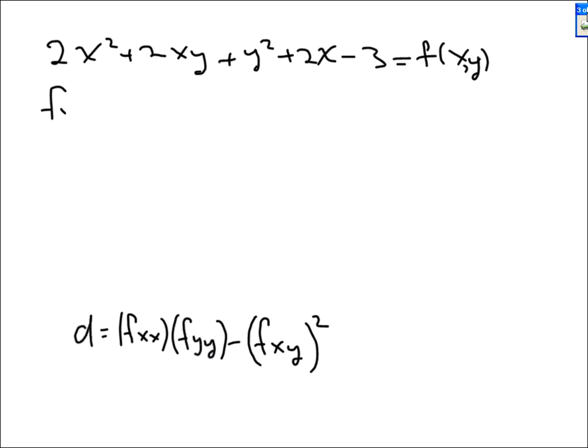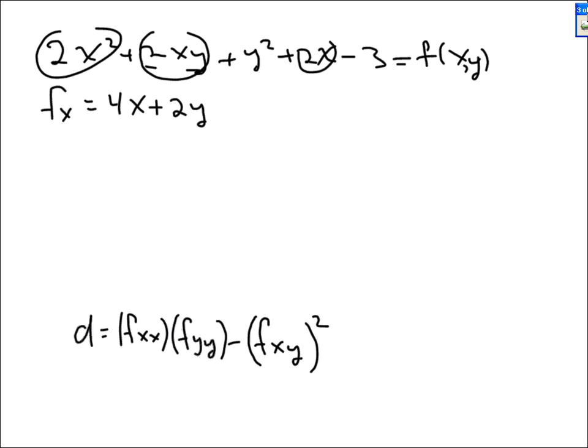So f sub x: this is a function of x, its derivative is 4x. This is a function of x, the derivative is 2y, because 2 times y is the constant. This is a function of x, derivative is 2. This is 2 times 2x plus y plus 1.